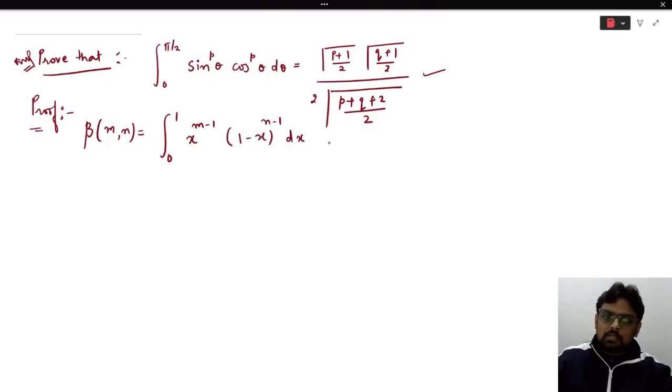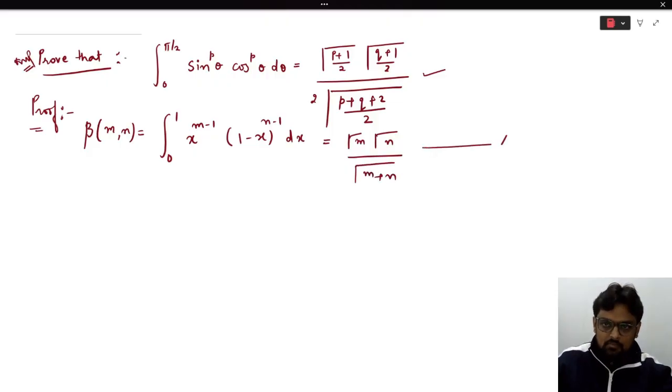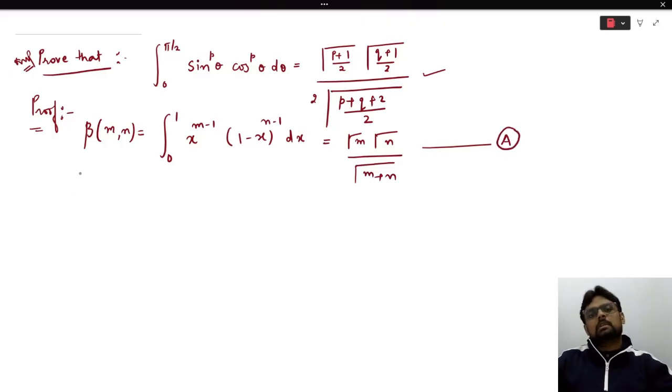Next we can write this as gamma m into gamma n upon gamma of m plus n. Now suppose this is equation number A. This is very important. Basically, this is our formula, the relation between the beta and gamma functions.